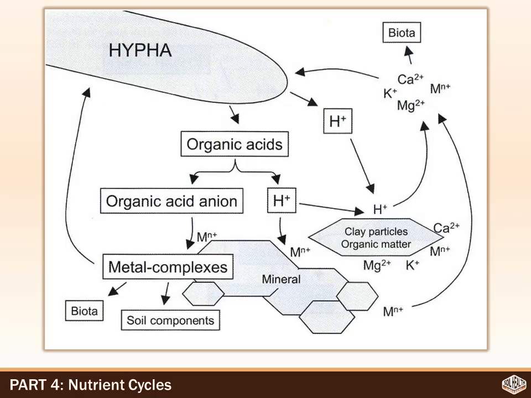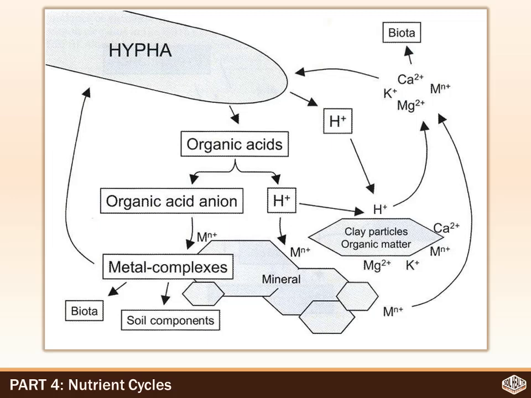This is a more complex diagram depicting the interactions between a fungal hypha and minerals in the soil. At the bottom of the picture on the left are mineral complexes such as chelates that hang on to metals depicted again with an M, and that can be released when a root or hypha secretes an organic acid that releases the metal.